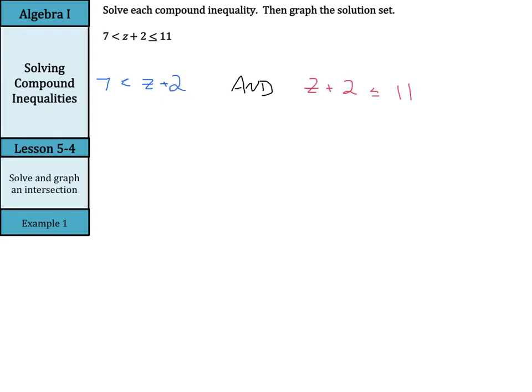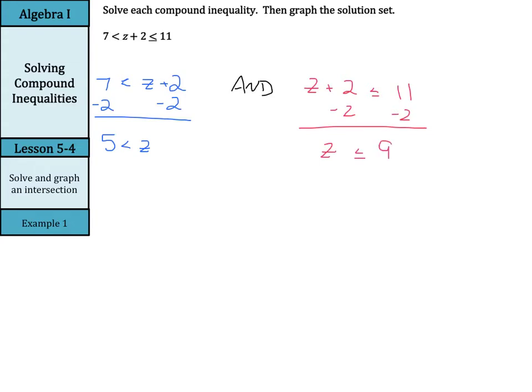Now let's solve these inequalities. Subtract the 2 from both sides, and we have 5 is less than z. If you subtract the 2 from both sides of the other inequality, we're left with z is less than or equal to 9.